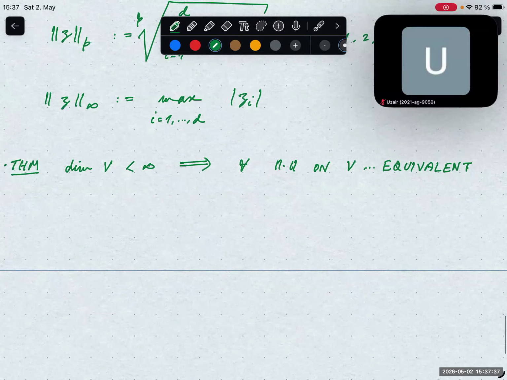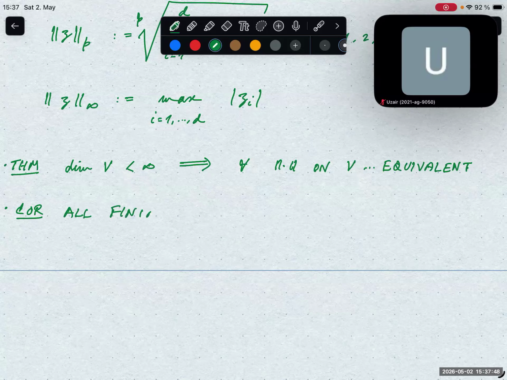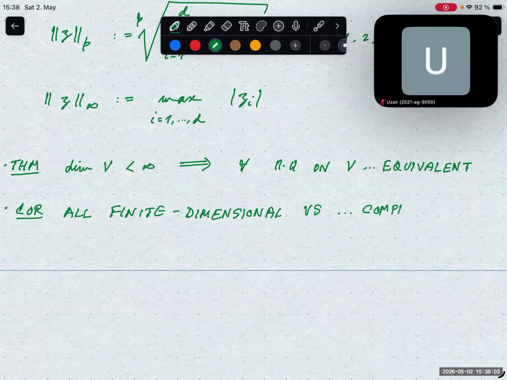And now, as a corollary, all finite dimensional vector spaces are complete.